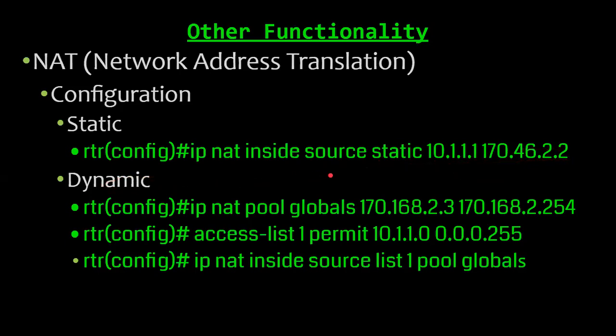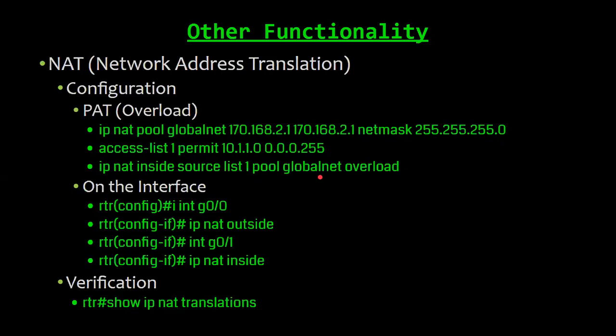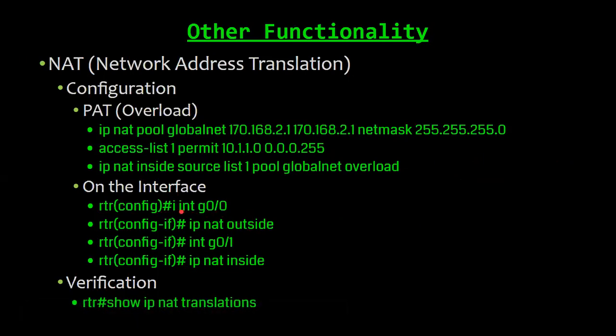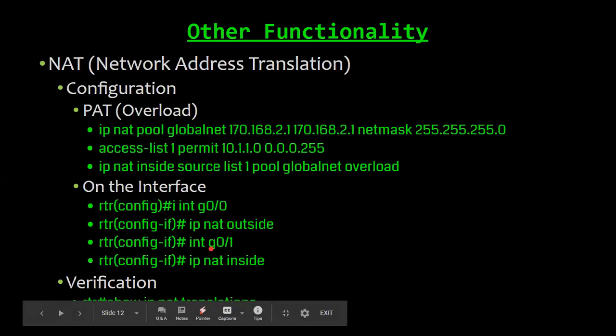Now the router's smart enough to realize, and there are going to be more parts to these commands, because what we need to do is go interface by interface and establish what the inside and what the outside is. In this example, it'd be interface gigabit 0/0 and interface gigabit 0/1.